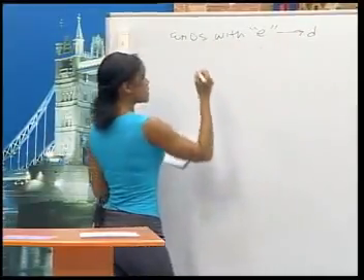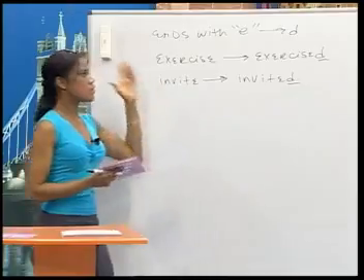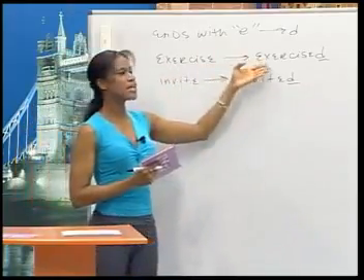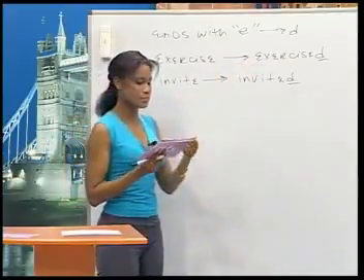So for example, exercise in the past tense becomes exercised. So we just add the D. Invite in the past tense becomes invited. Again, we just add the D. So exercise, exercised. Invite, invited.